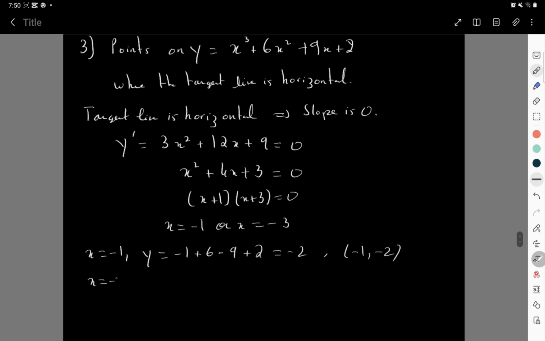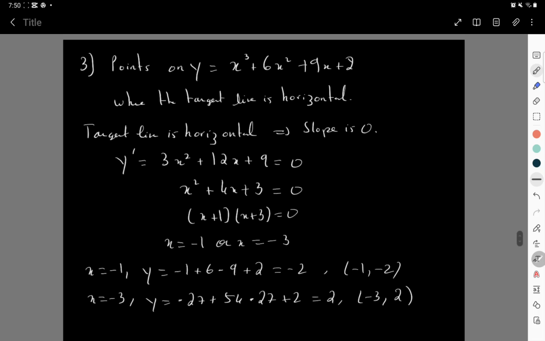And if x is minus 3, y is, negative 3 cubed is minus 27, plus 6 times 9, this is 54, plus 9 times minus 3, which is minus 27, plus 2, so this is just 2. This is the point minus 3, 2. Okay, let's double check.